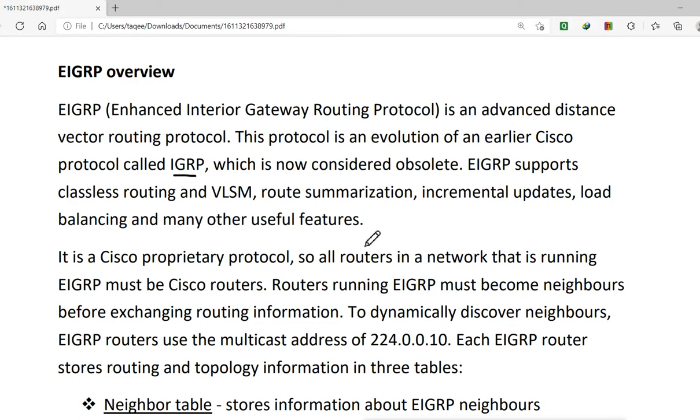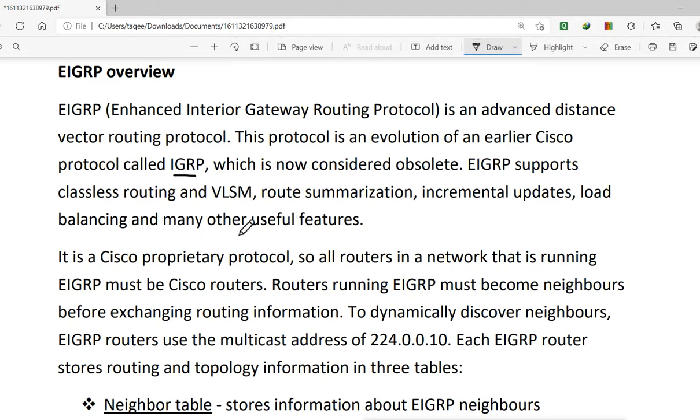We can do the route summarization anywhere from any interface. Then it sends incremental updates, only the network which has changed. So if any network comes up or goes down, it sends only that information with the routing table. It has load balancing and many other useful features.